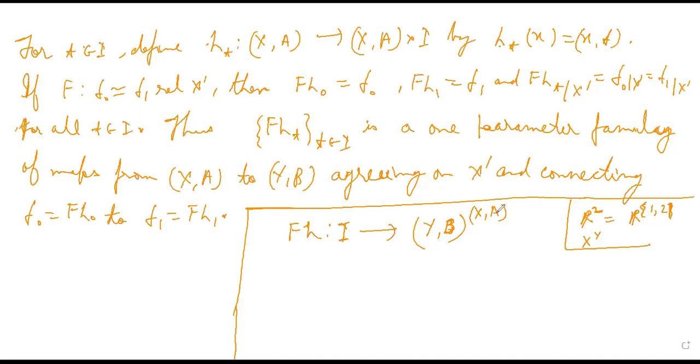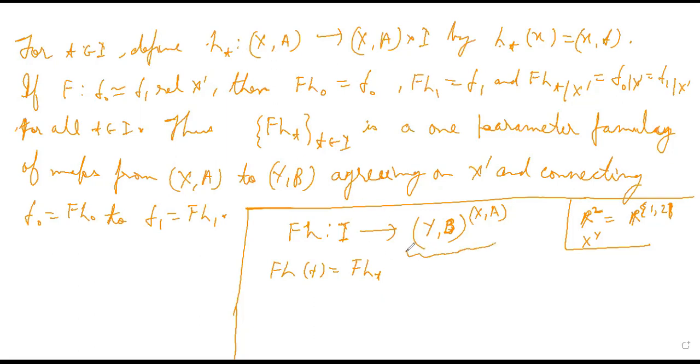In our case, because it is relative, we can consider this to be the collection of all maps from xa to yb which agree on x prime. Now, how will we define this map? F h at t is nothing but F at t here.